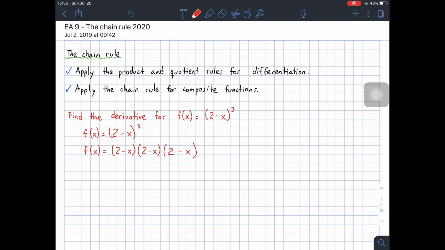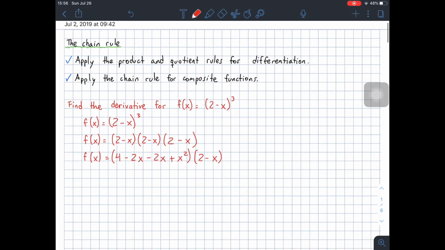Okay, so I will get as my function 4 minus 2x minus 2x plus x squared. And all of this is being multiplied by 2 minus x, right? So if I keep on working with this, I can see that I have similar terms here. So this would be 4 minus 4x plus x squared, and this is being multiplied by 2 minus x.